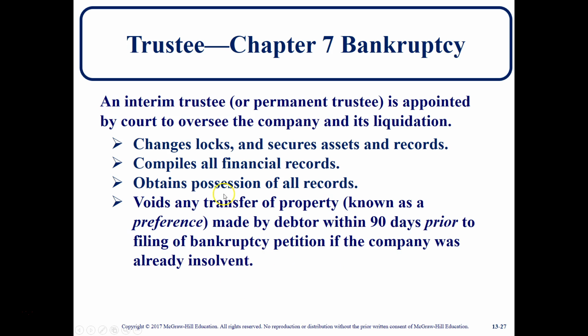They'll change the locks, they'll secure the assets, they will make sure that the financial records are up to date, possibly audited, get all the records, and void any transfer of property made by the debtor within 90 days prior to the filing of bankruptcy.